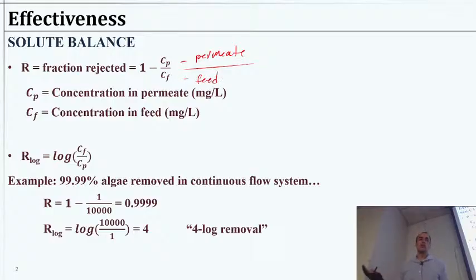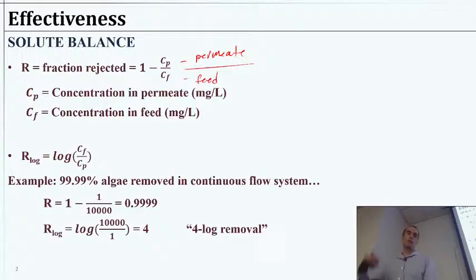So just like we were seeing a moment ago, the fraction rejected would have been 1 minus what's in the permeate, which was 10% of what's in the feed. So this would be 1 minus 0.1 is 0.9. 90% rejected, 10% passing through. So this is a formalization of what we just looked at, right?